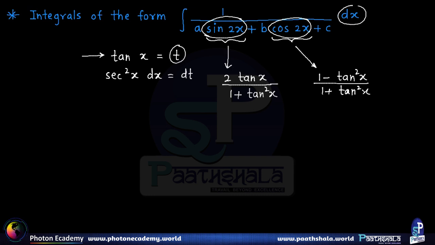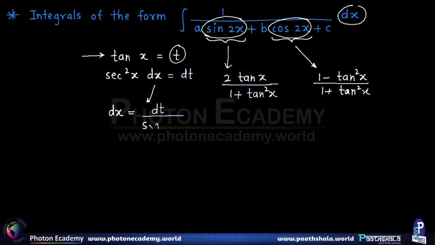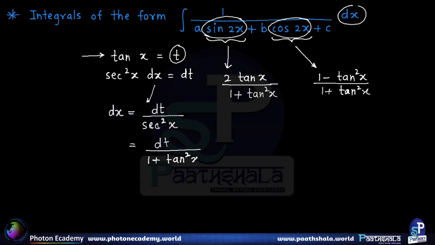How do we substitute it entirely in terms of t? For that, from here we get dx equal to dt upon sec square x, isn't it? That further gives us dt upon sec square, which can be written as 1 plus tan square x, and therefore we get at the end dx equal to dt upon 1 plus t square, since tan x was the t that we had substituted.